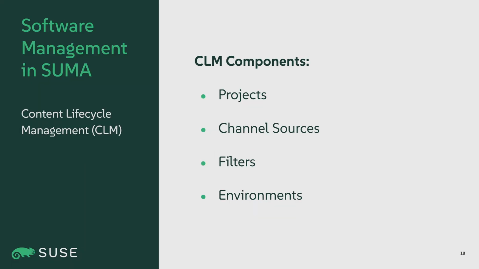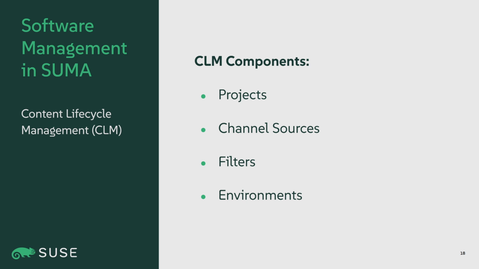Multi-Linux Manager has an important feature called Content Lifecycle Management, or CLM, that is a solution to this problem. CLM allows you to create custom repositories that are locked in time. Custom CLM repos are organized by projects. Within a project, you define the source channels with their corresponding repositories. You are then able to attach filters to deny or allow packages based on various filter criteria.